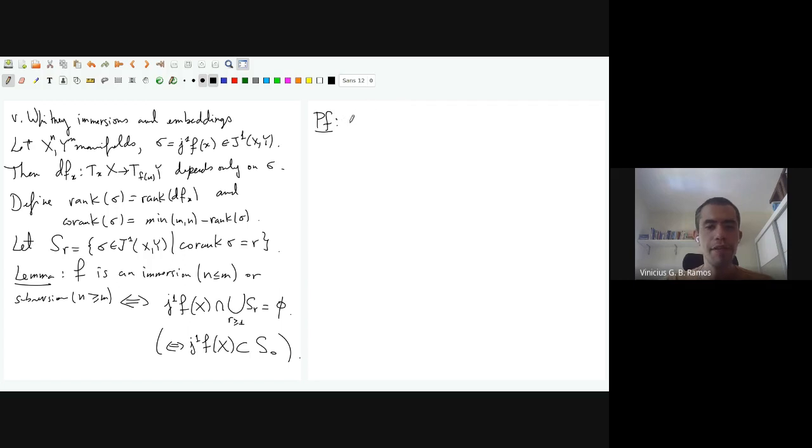So suppose that f is not an immersion or submersion. Being an immersion or submersion means that for every point in the domain, you have maximum rank. So in the case where n is less than or equal to m, it means that the derivative is injective. And when n is bigger than or equal to m, it means that the derivative is surjective at every point.